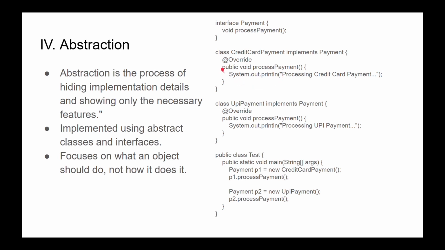The implementation is not required for the user. This way they can just create a payment and do processPayment. They don't need to know what is happening inside the payments. This way abstraction works for hiding the implementation details.